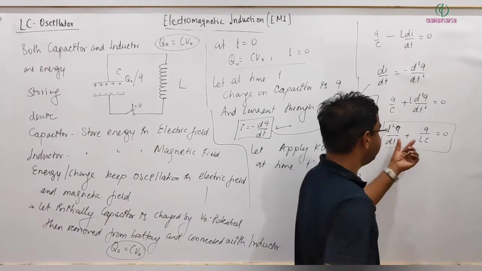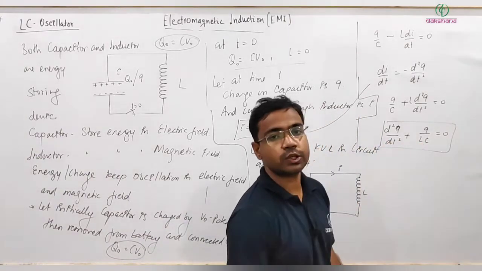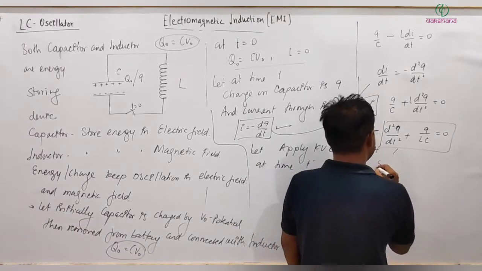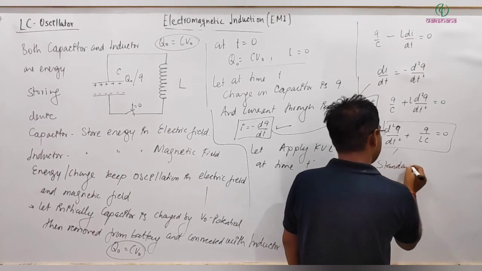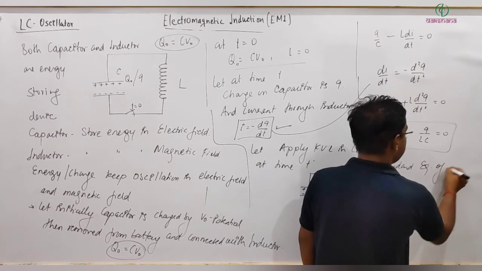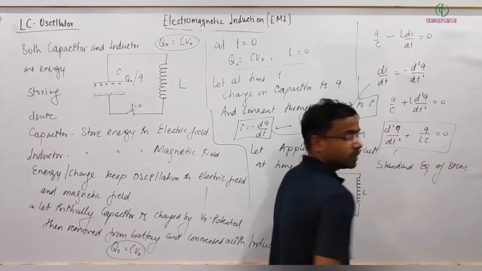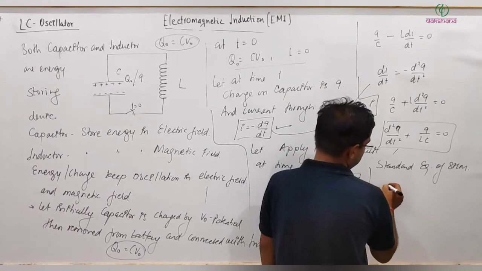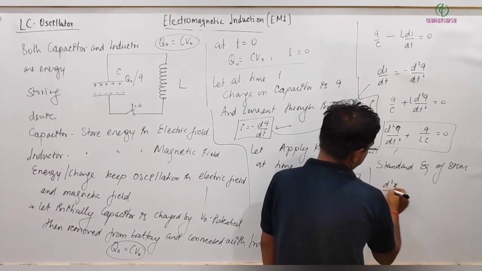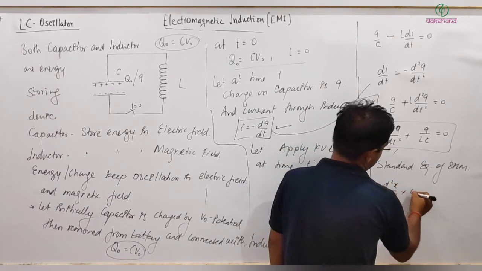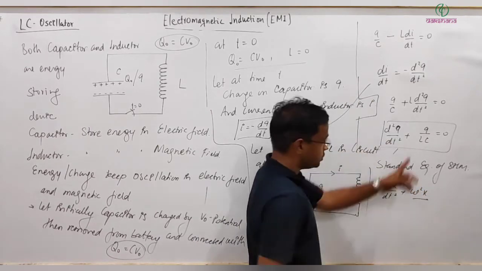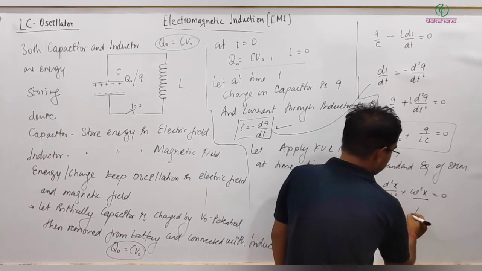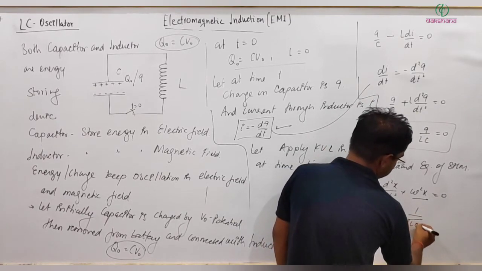Now you can see here it's equivalent to the standard equation of SHM. If I compare it with SHM, d2x by dt square plus omega square x equal to 0, I am getting omega is equal to 1 by under root LC.